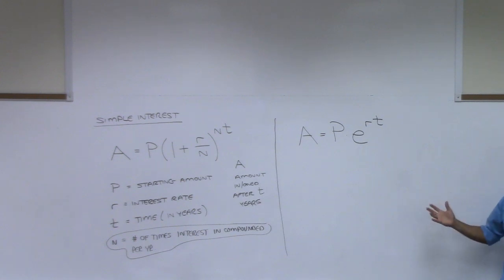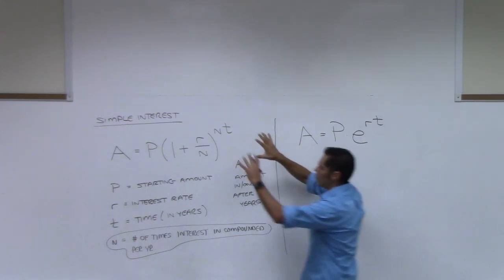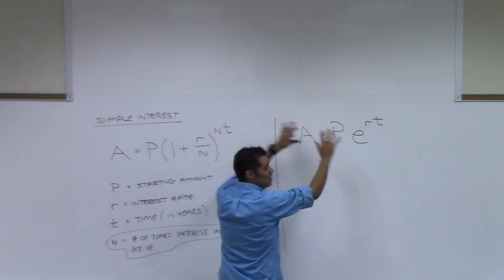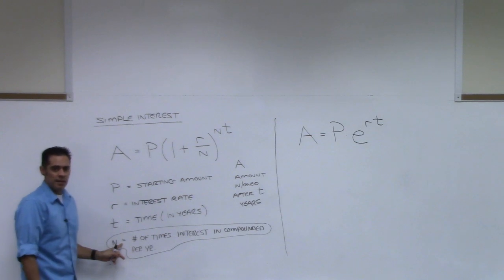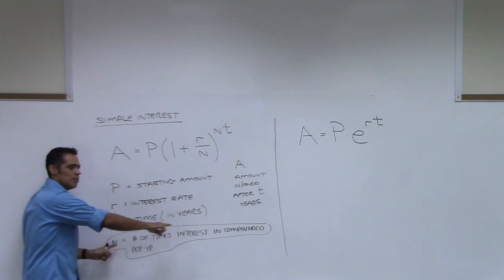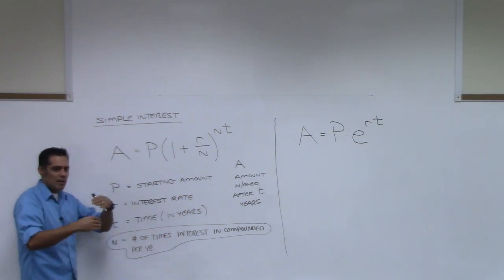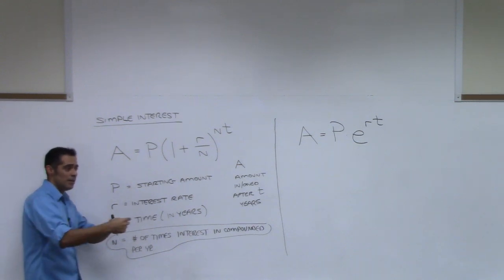So without getting too technical, this formula right here turns into that formula if you let N become infinite. This is a calculus thing, so we don't have to get into it here. But imagine that they're not compounding it monthly or weekly or daily or every minute or every second.